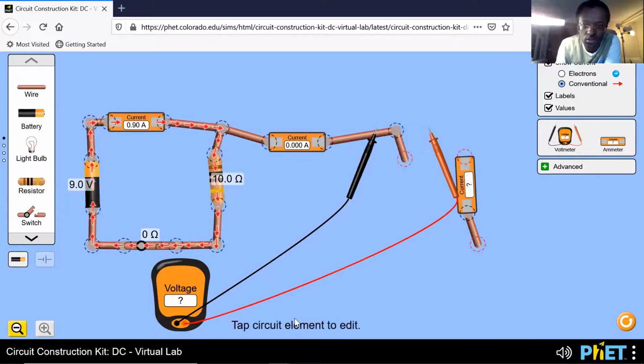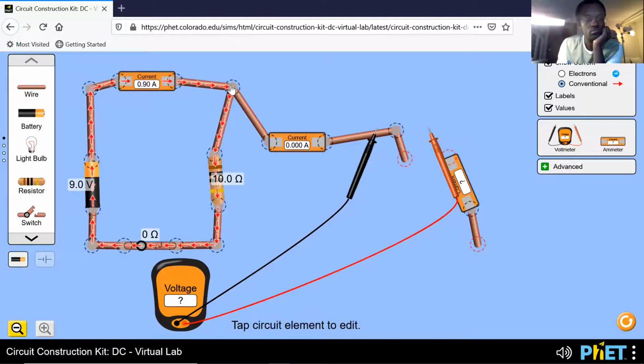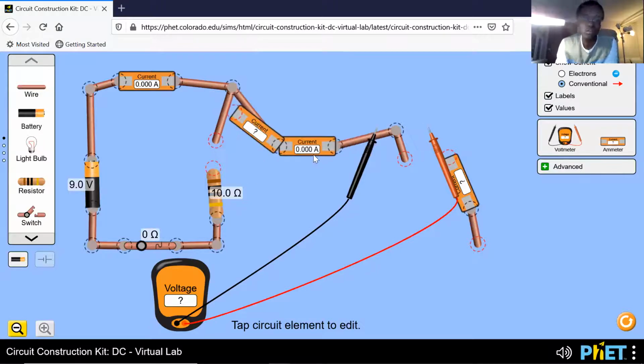This is not useful. Oh, it was useful. I want to include another ammeter.